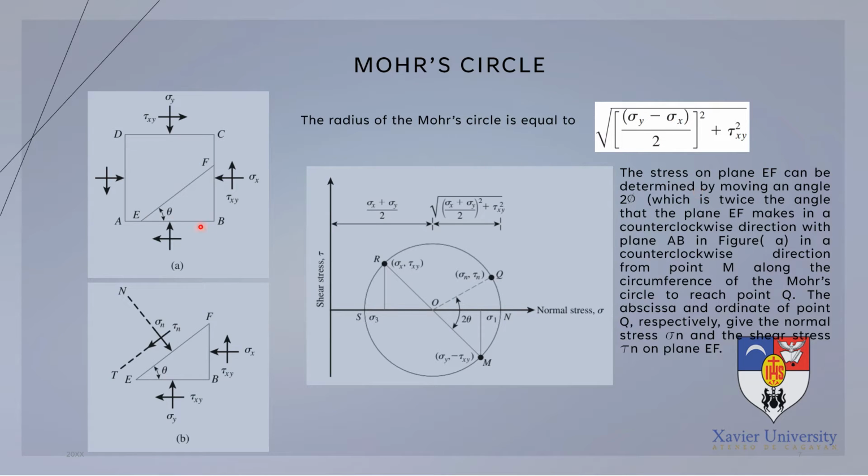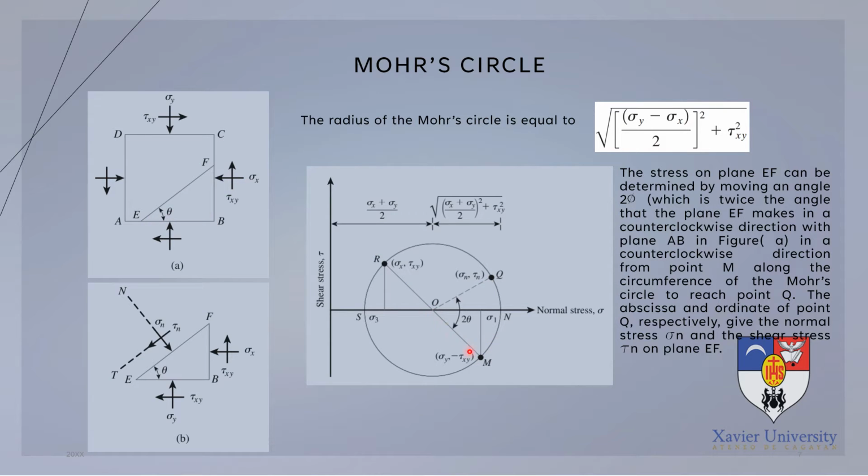So the stress on plane EF, which is the point of consideration, can be determined by moving an angle equal to 2 theta, which is twice the angle that plane EF makes in a counterclockwise direction with plane AB in this figure. In a counterclockwise direction from point M, from line OM, we move an angle equal to 2 theta, and then we reach point Q. So the abscissa and the ordinate of point Q respectively give the normal stress and the shear stress on plane EF.